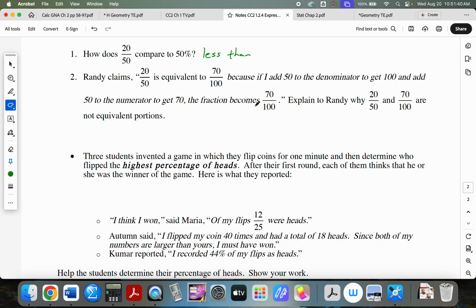How can I look at these and go, there's no way those two are equivalent to one another? Because 20 times 2 is 40. No, we're not doing any of that. Quickly, bam, I look at it and I go, you're wrong. How do I know quickly, easily, no calculations at all?